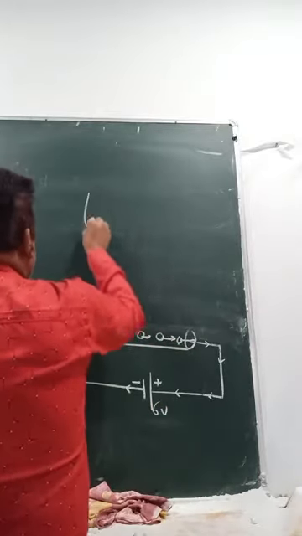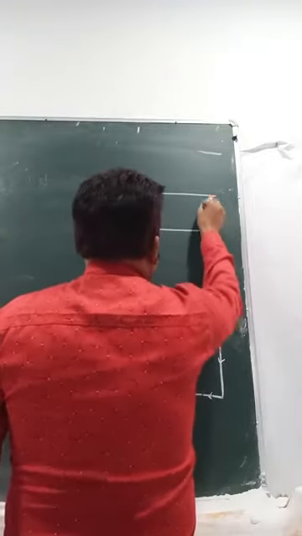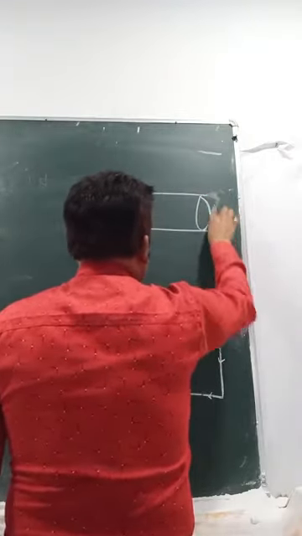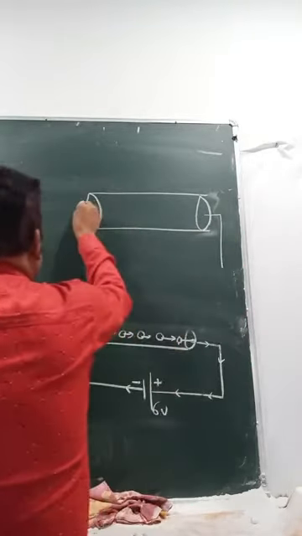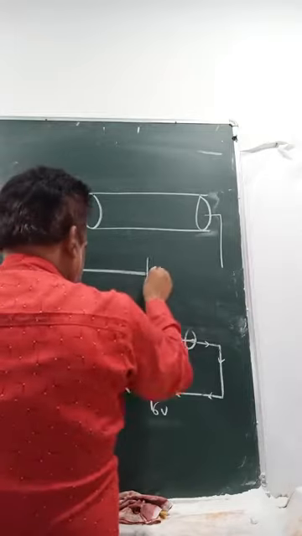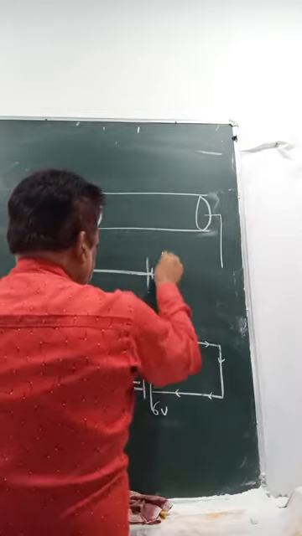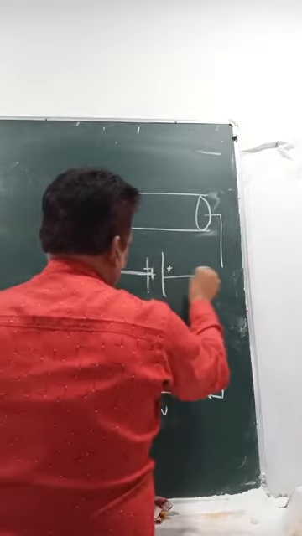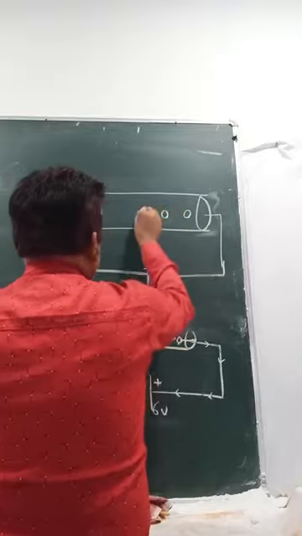To understand that, take a piece of conductor, connect it to a wire, connected to cell. This is negative, this is positive. Okay, let me consider 4 electrons.